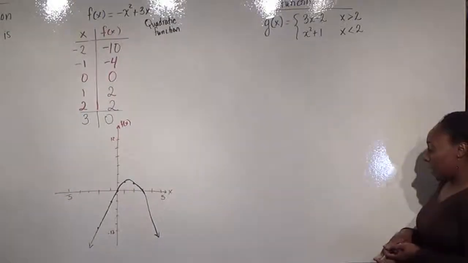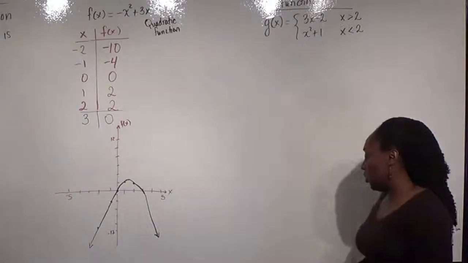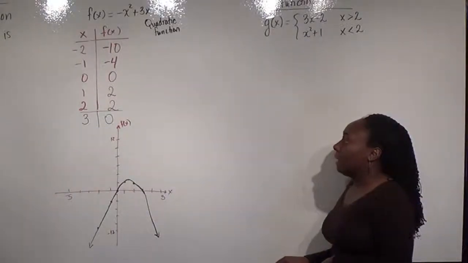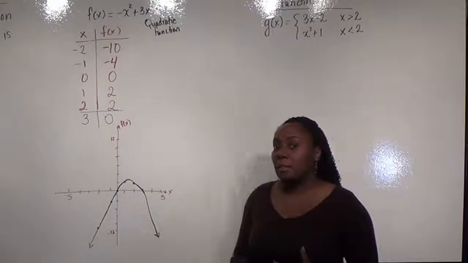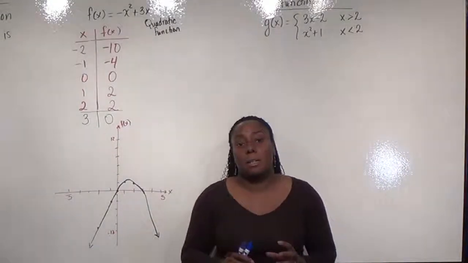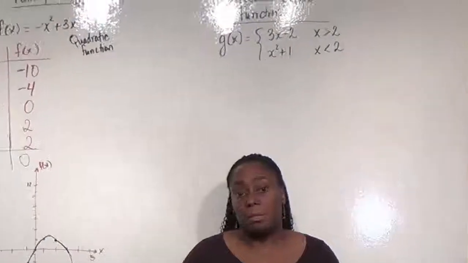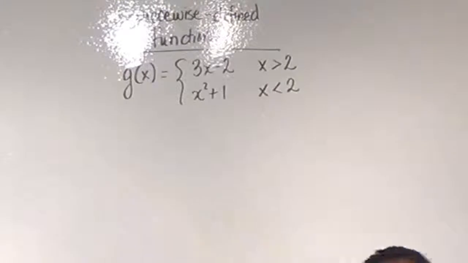One of the ones that some people are not as familiar with are your piecewise defined functions. And their name tells exactly what it is. I'm looking at a function that is defined in pieces. That means when I go to look at the graph, it's also going to be in pieces. Some of those pieces may connect, but not always.